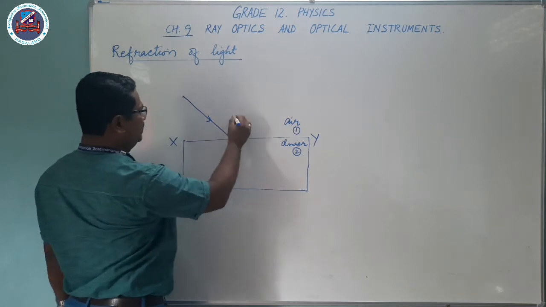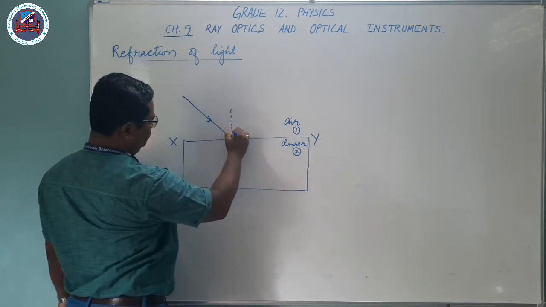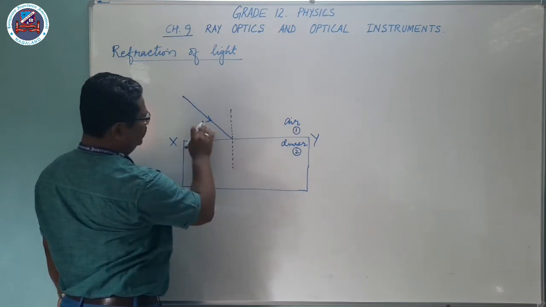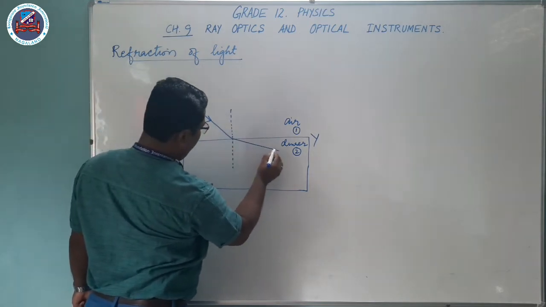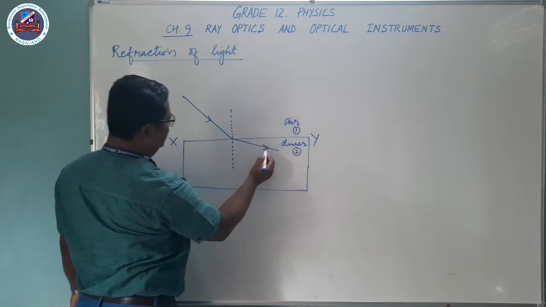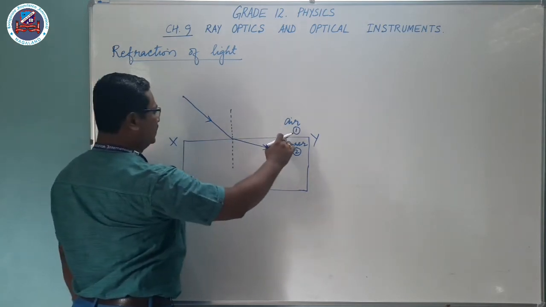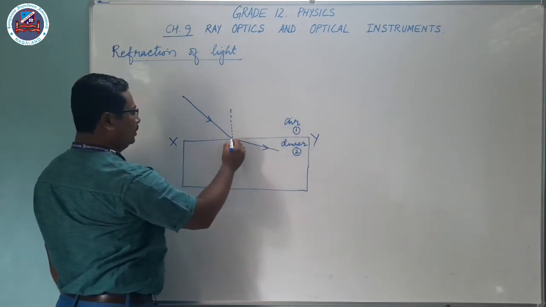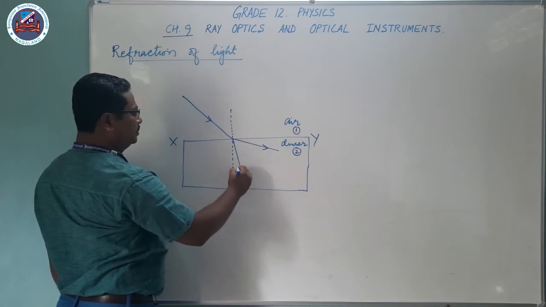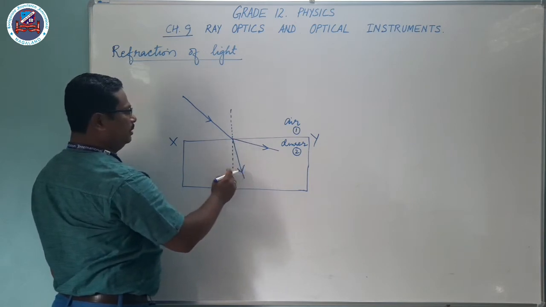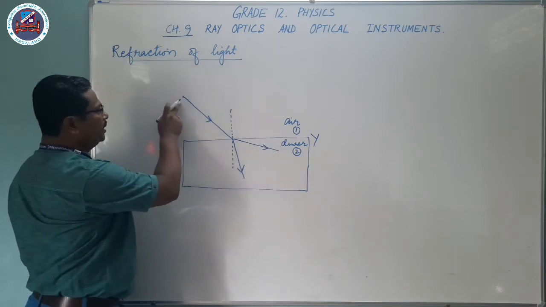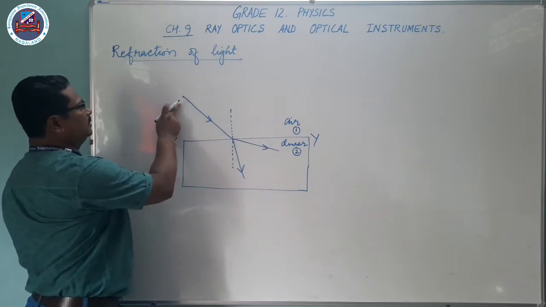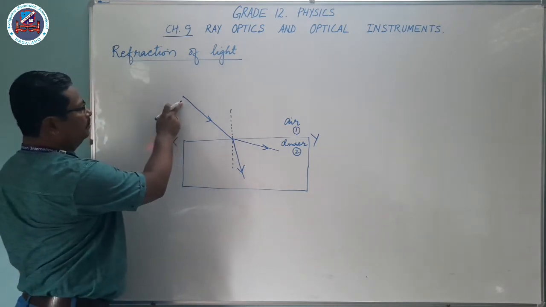And whenever light travels from one medium to another medium, it has to bend and go, either towards the normal or away from the normal. So this phenomenon of light, we call refraction of light.